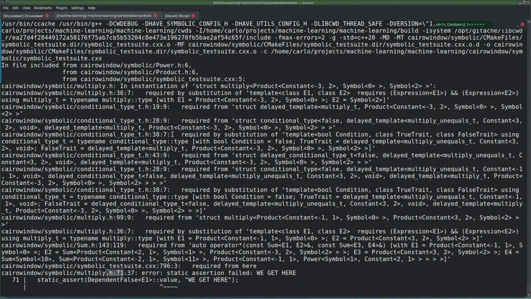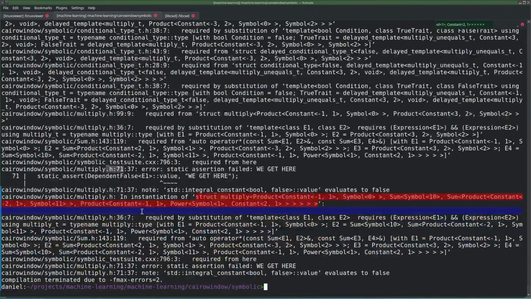Would be nice if it showed me the template parameters of this. Oh, yeah, I guess. No, this is the next one, this one.